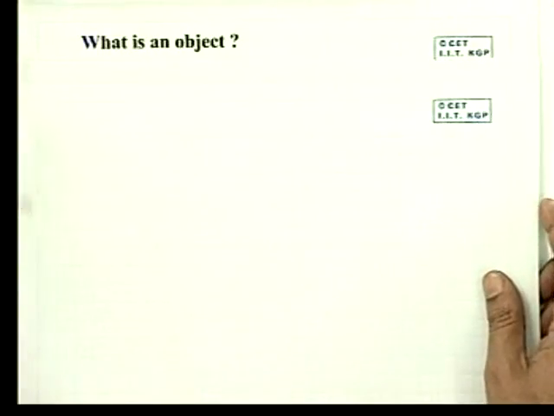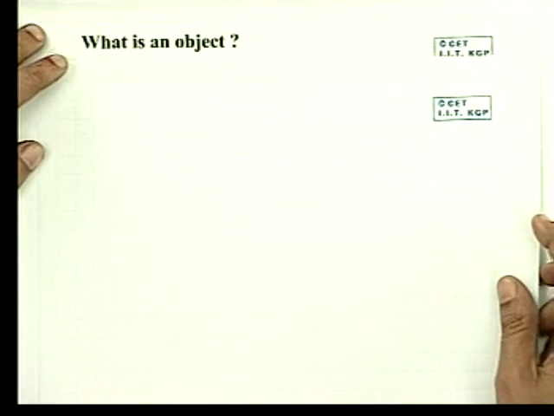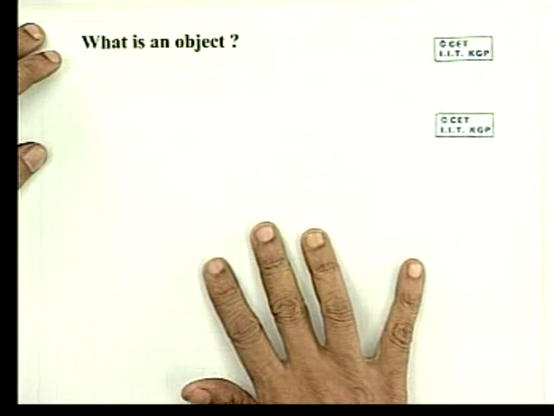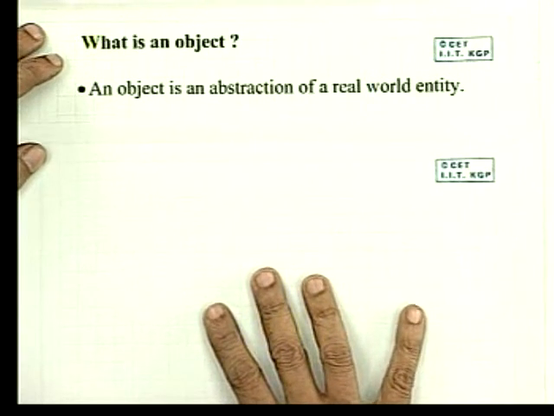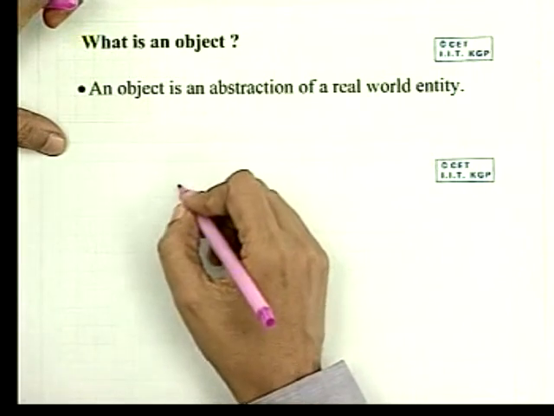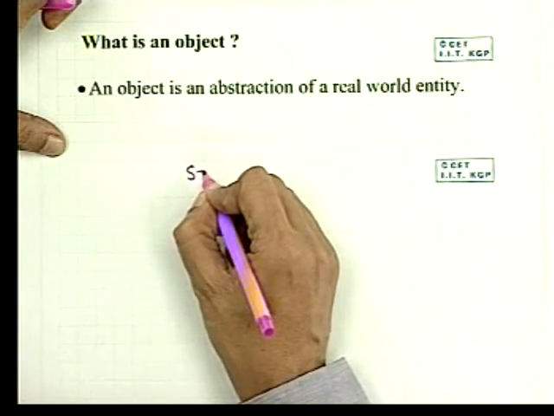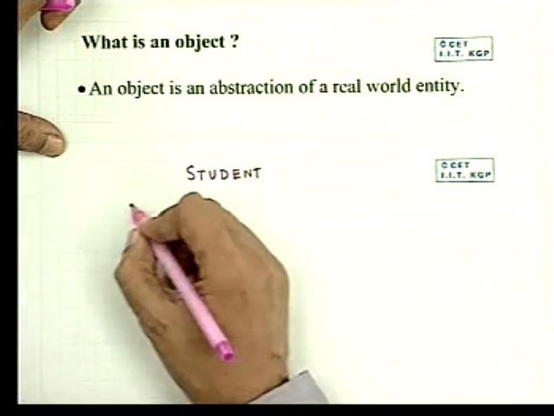And naturally, the first question that arises is, when you talk about objects, what is an object? This is the most important one, and in this respect an object can be thought of as an abstraction of a real world entity. For instance, if you think of students, we can say Mary is a student.